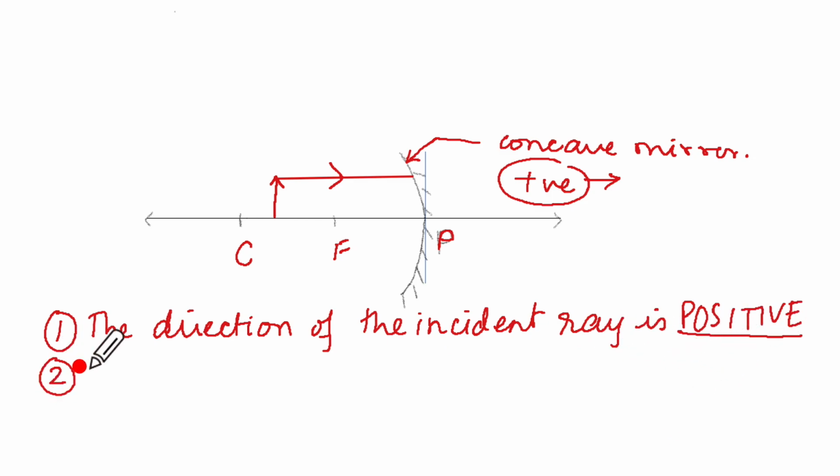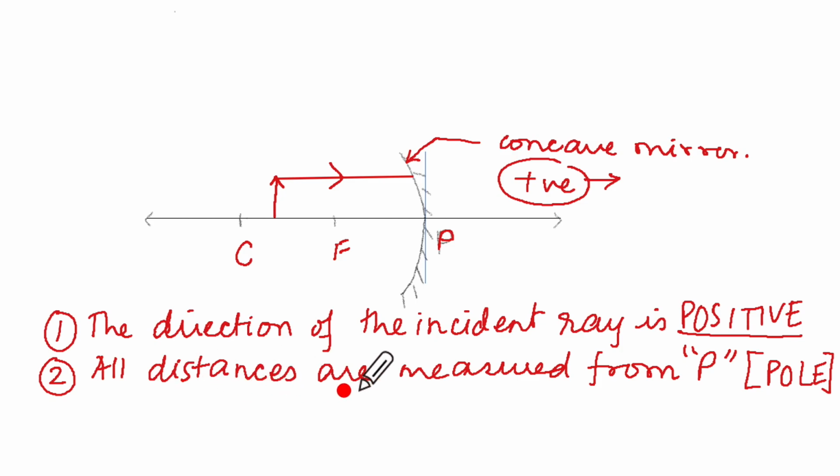The second rule now is all the distances are measured from P, which is the pole, that is this point over here. So the distance of the object will be taken from P up to this. So we are going in this direction. Is it in the same direction of the incident ray? No, it's opposite.